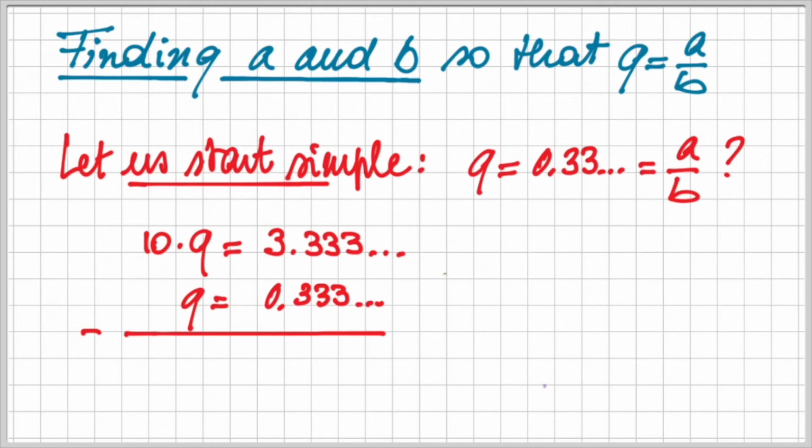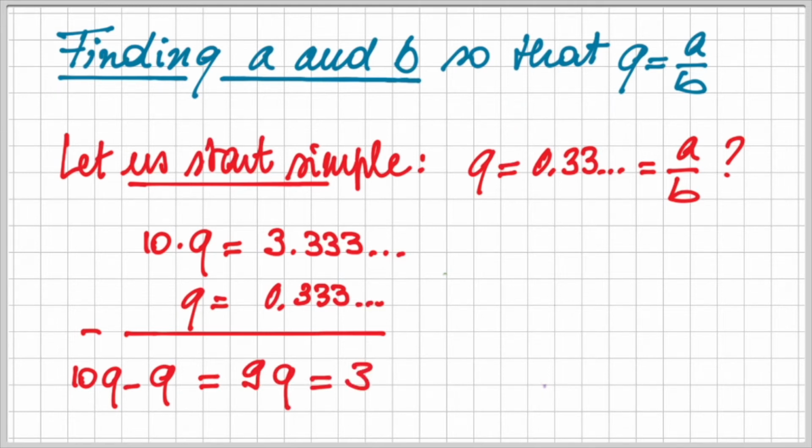We have one repeating decimal, we multiply by 10, so basically we have an integer number and an infinite number of repeating decimals, 333, which are the same decimals as from 0.333. So when we subtract those two, we see that the decimals disappear.